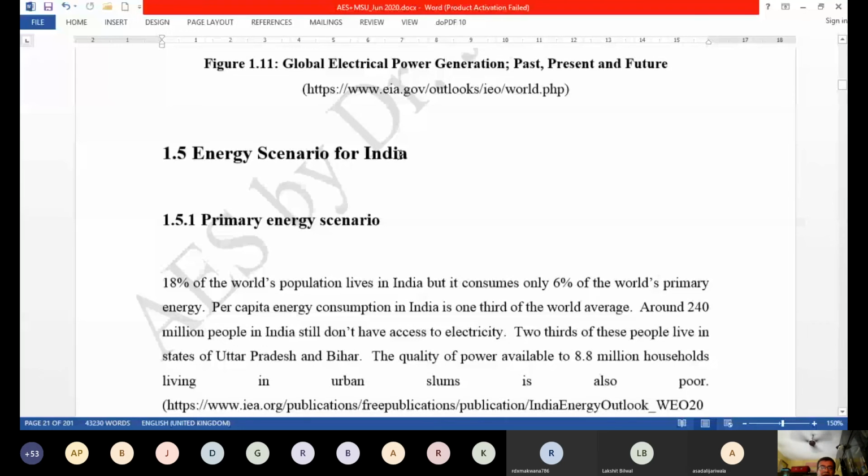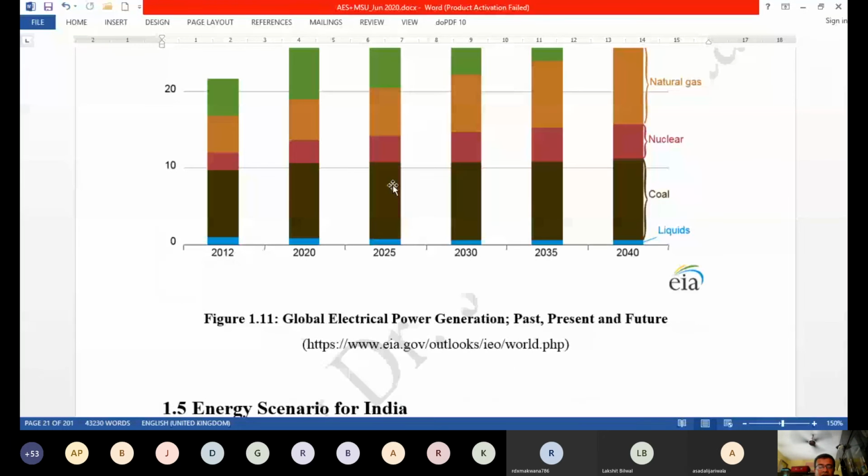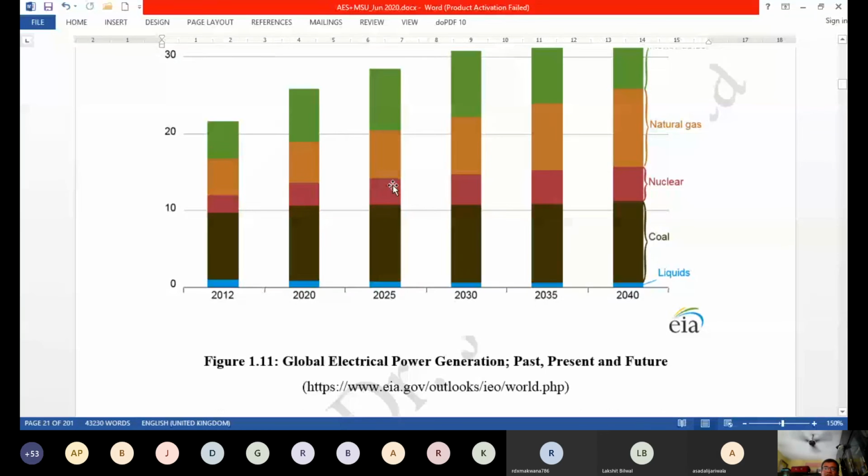So previously, the first thing that we talked about was the importance of energy, how it is related with growth, living standard, human development index, GDP. You need energy for growth. Of course, energy efficiency is also as important. One should not waste energy, and there should be some parity between the usage of energy in all different sections of the society.